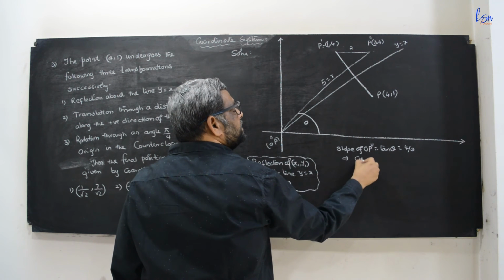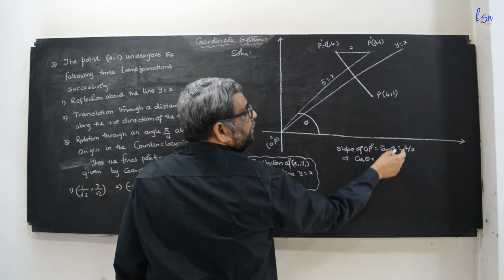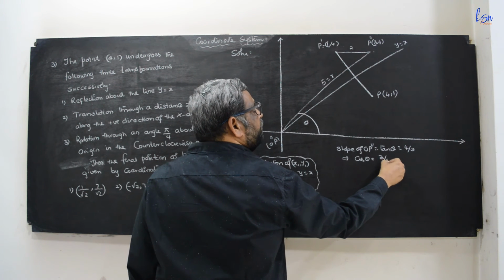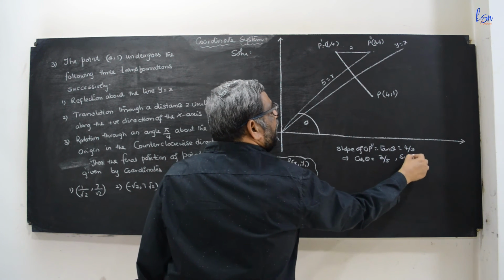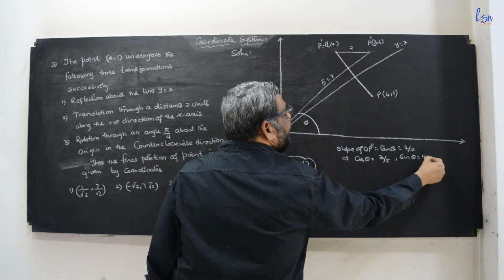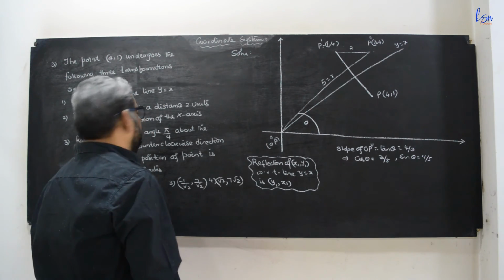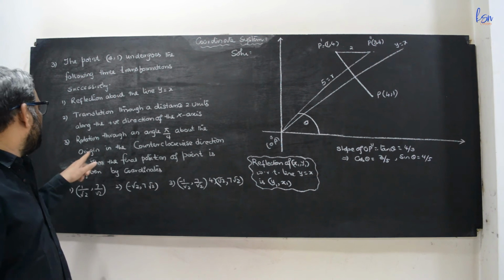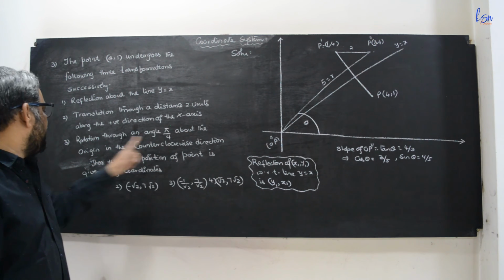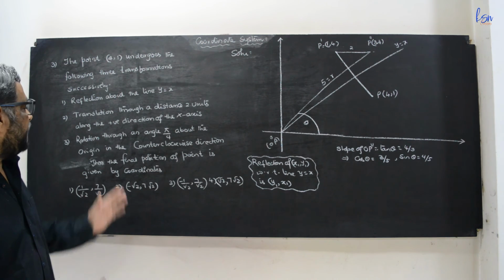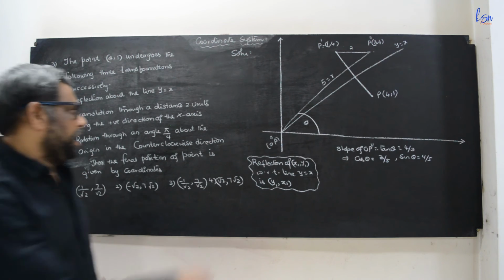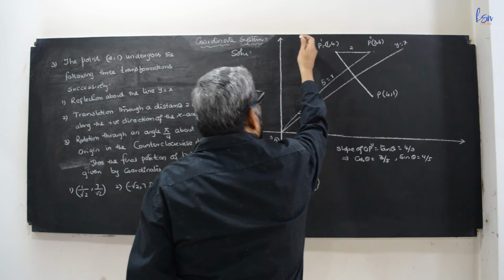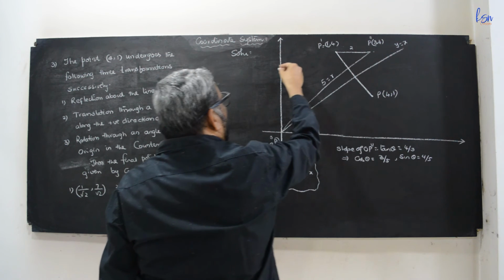Tan theta is 4 by 3 means cos theta is 3 by 5, sin theta is 4 by 5. Now, according to the third one, rotation through an angle pi by 4 about the origin in the counterclockwise direction. So this OP double dash is rotated through an angle of 45 degrees.